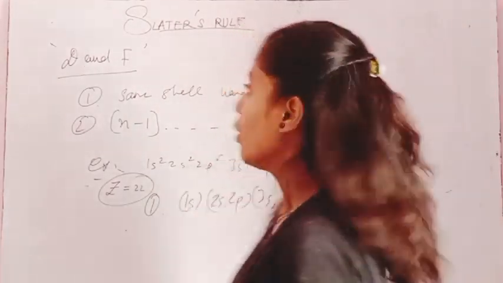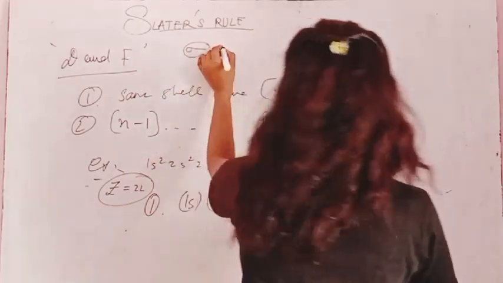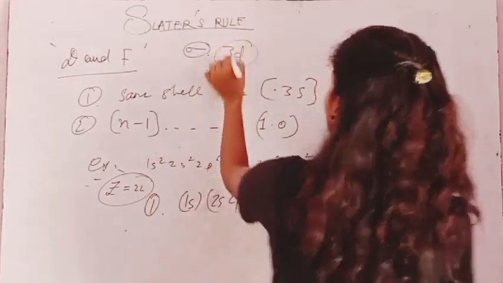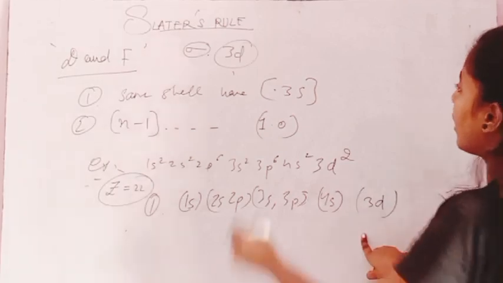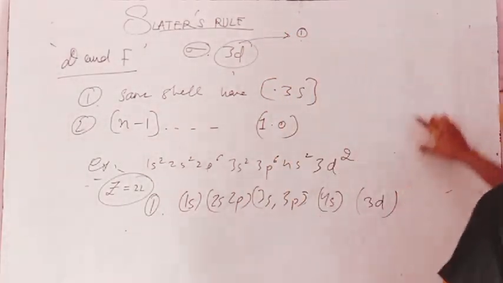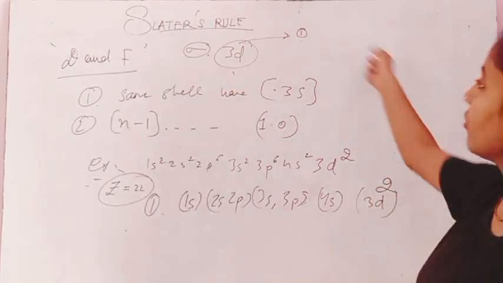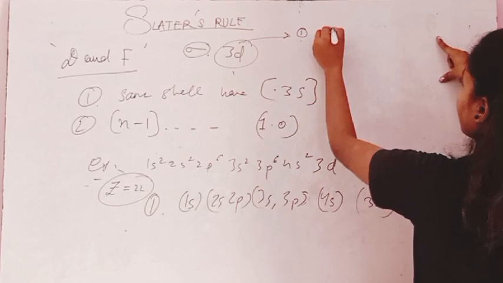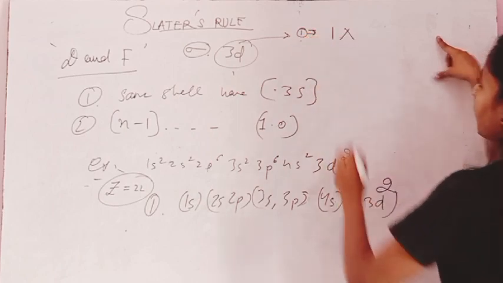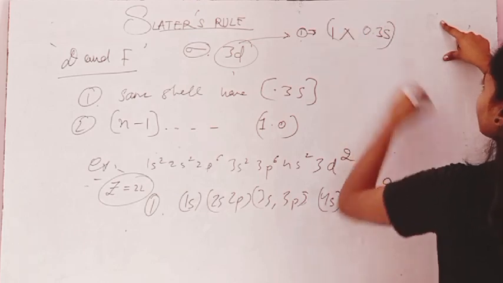Now if we ask you, tell me the sigma for your 3d. Sigma for your 3d species. What is the responsibility of your? First thing is to let us know how many electrons are there in the d block. That is your 2. 1 is taken. What is left? 1 multiplied with what is the contribution of the same shell? 0.35.